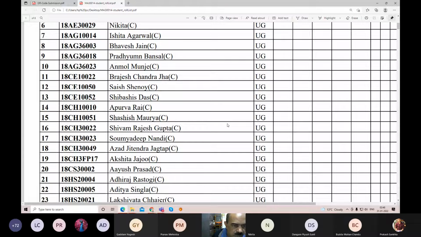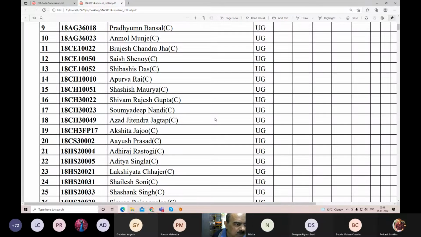Then 11, 12, 13, 14, 15. 11 is Brajesh Chandra Jha. 12, Saish Sanay. Then Shivashish Das. 14th, Apurva Rai.